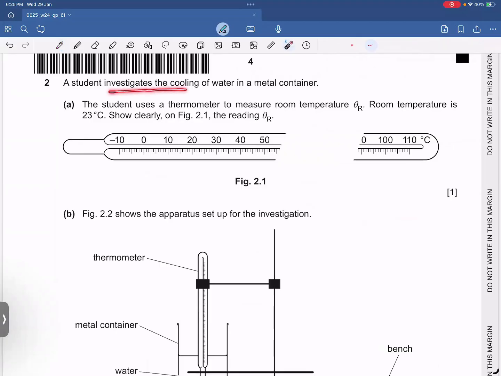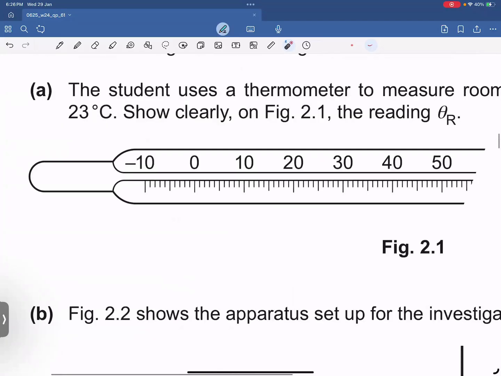A student investigates the cooling of water in a metal container. As you can see, the student uses a thermometer to measure the room temperature. The room temperature is 23. Clearly show on the thermometer the room temperature theta r. So let's see where 23 is.